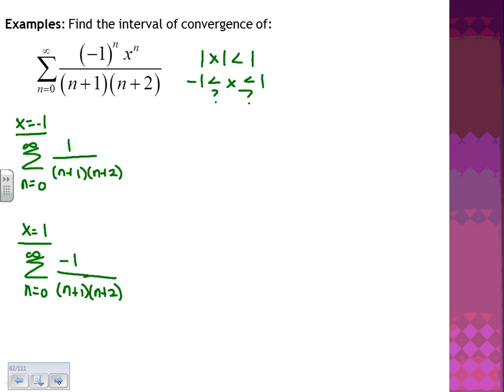It's negative 1, so negative 1 squared. That's negative. Or is that 1 over n? It's bigger on the bottom, so smaller. Series.